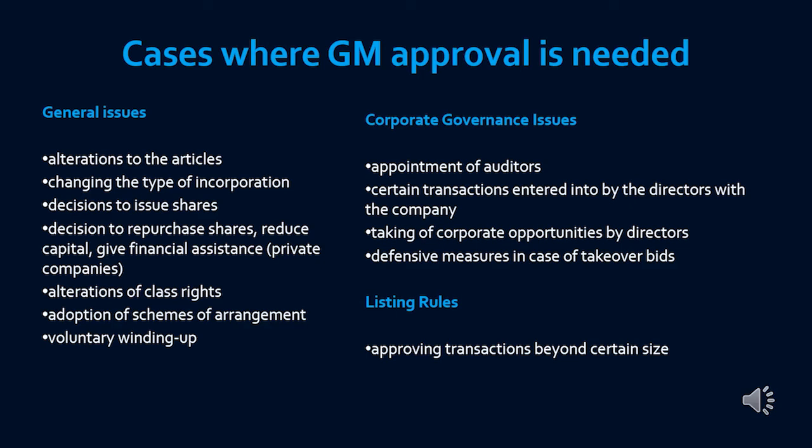If you want to appoint auditors, or certain transactions that the directors might want to get into, for instance, taking advantage of a corporate opportunity, investing in something related to the company, or doing certain actions with their own shares, these things might require, according to the code, general meeting approval, as would taking certain defensive measures if somebody is trying to buy up the company. Again, these require approval. These are coming from a softer source of law because they're coming from the code, but they're also things that you need to be aware of.